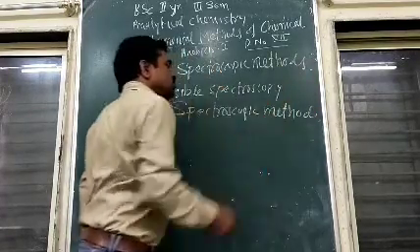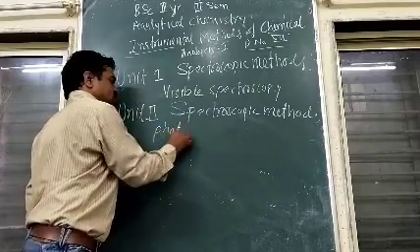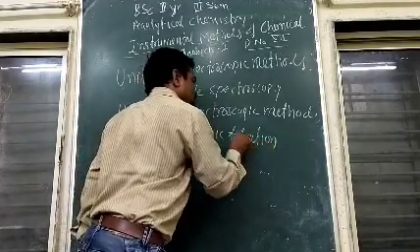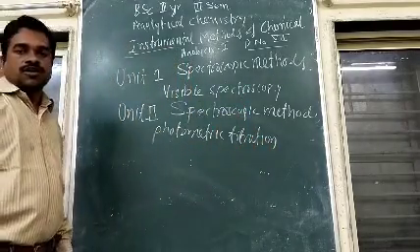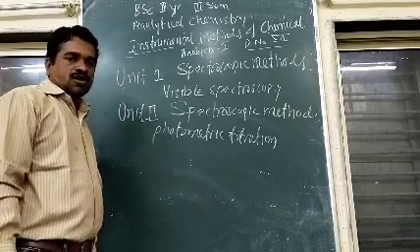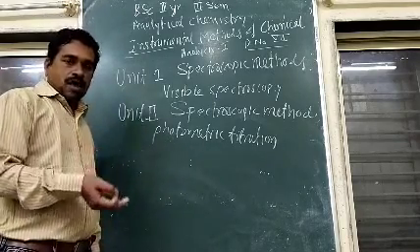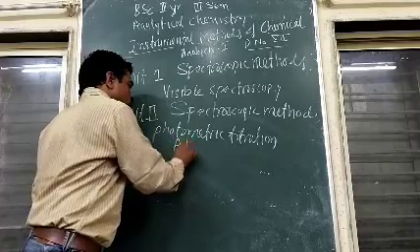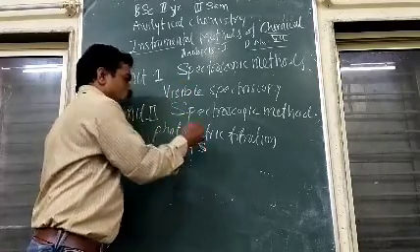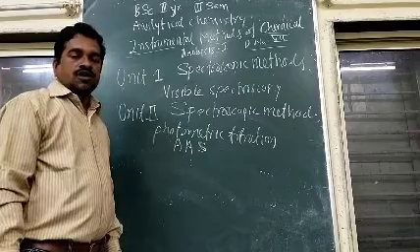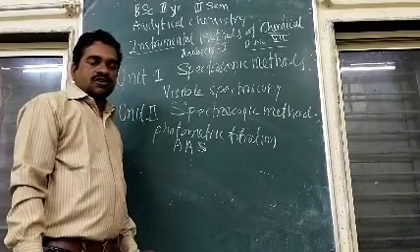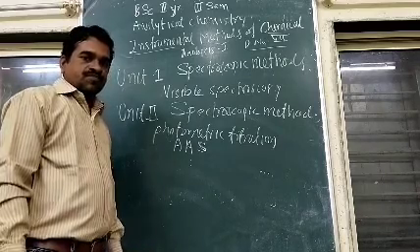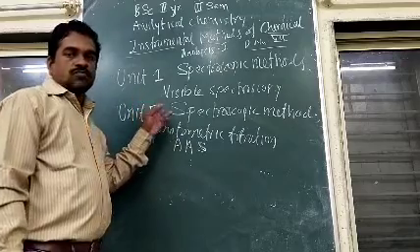In this unit, we have to study photometric titrations: theory of photometric titration, types of photometric titrations, instrumentation, and applications. Again, another point is AAS, atomic absorption spectroscopy: theory, instrumentation, and applications. All these points we have to study in unit number 2.